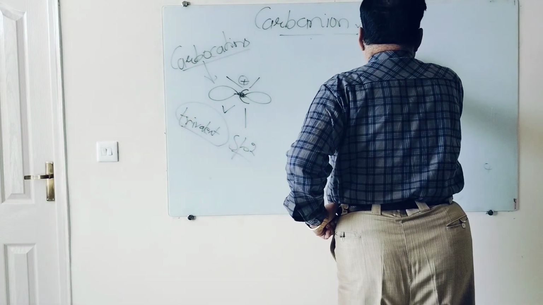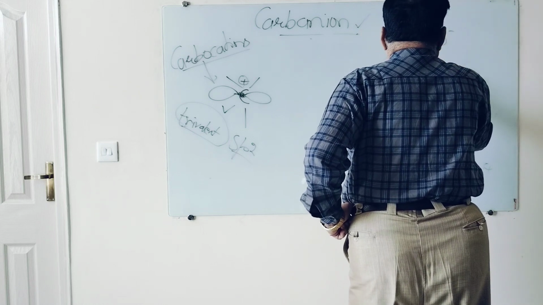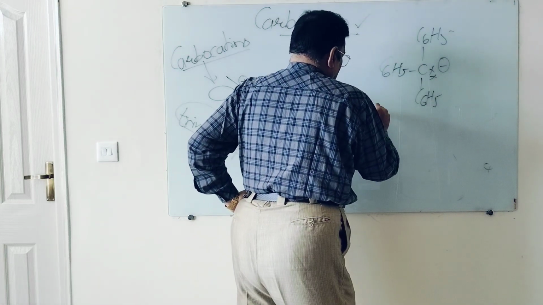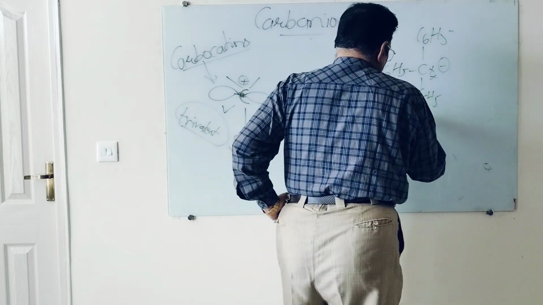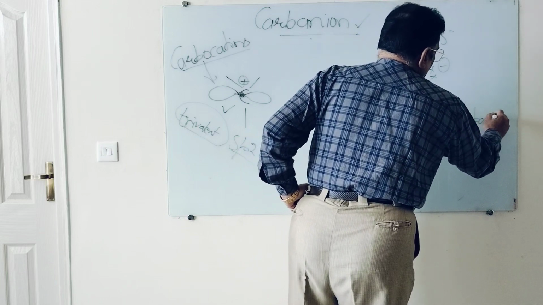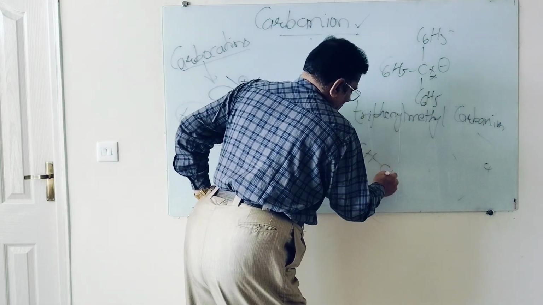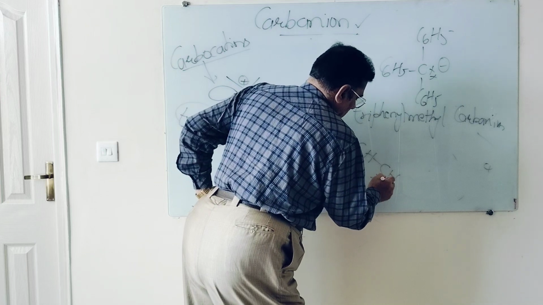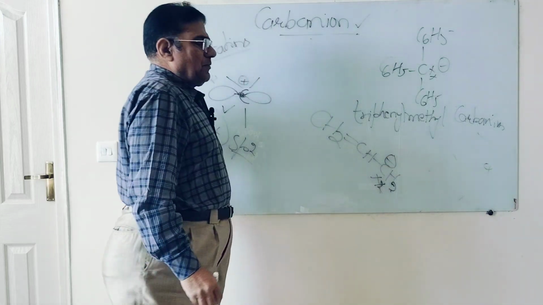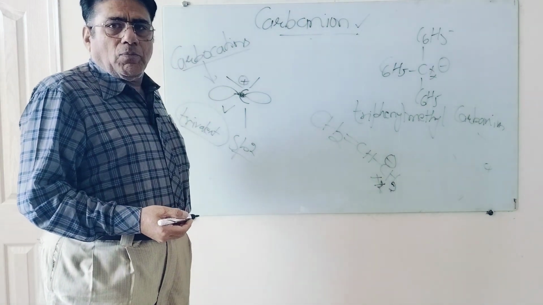Now like carbocation, this is the triphenyl methyl carbanion, or I can say simply CH2 minus, such as the benzyl carbanion. What are you looking at? The same 3 bond pairs, 1 lone pair.